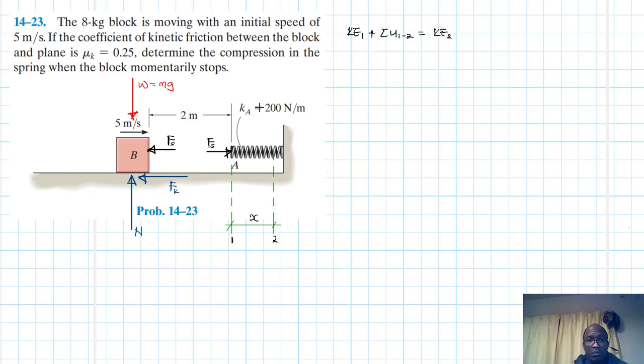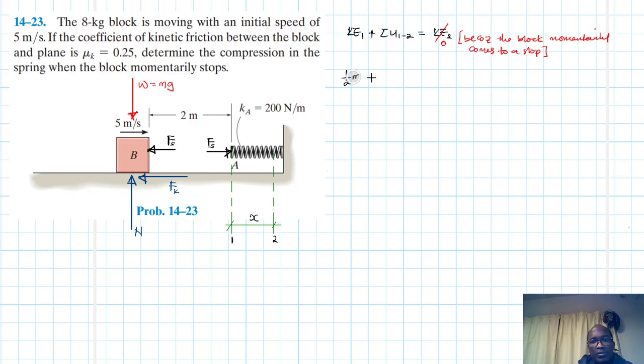But we are saying the block momentarily comes to a stop, therefore the final kinetic energy is just going to be equal to 0, because the block momentarily comes to a stop.